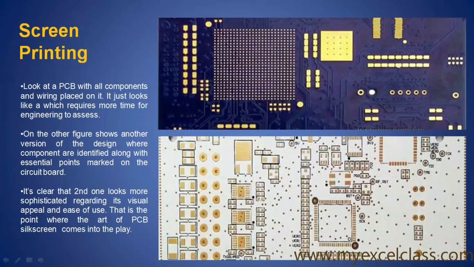That is the main way of identifying your components, where you put the value of this resistor. This resistance value gives a better understanding of your PCB board, where your components are placed.